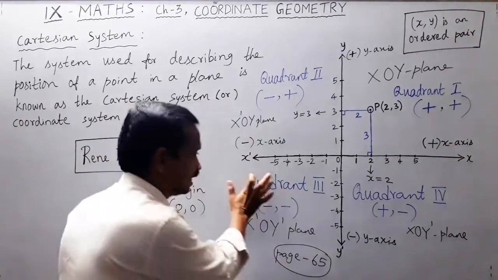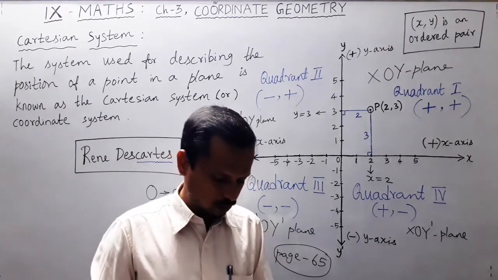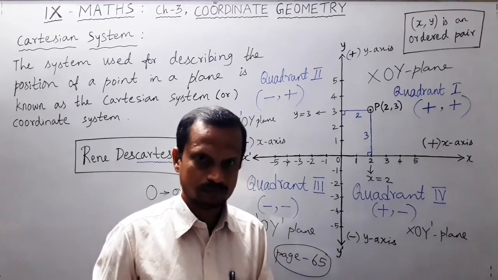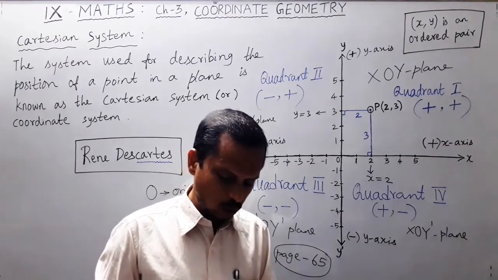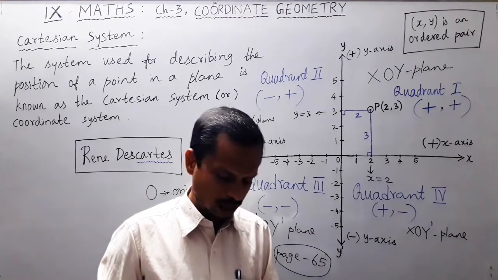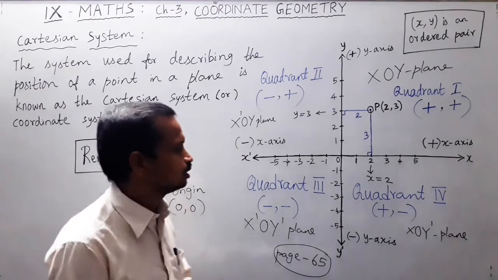After this diagram, first point: to locate the position of an object or a point in a plane, we require 2 perpendicular lines. One of them is horizontal, another is vertical. What I have told you, that only they have given.